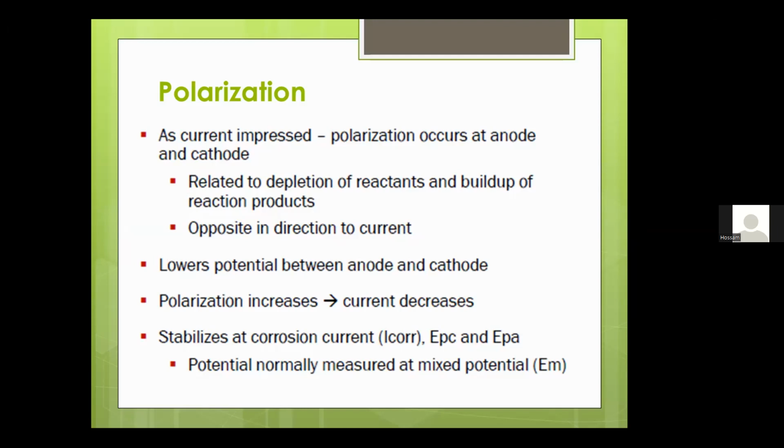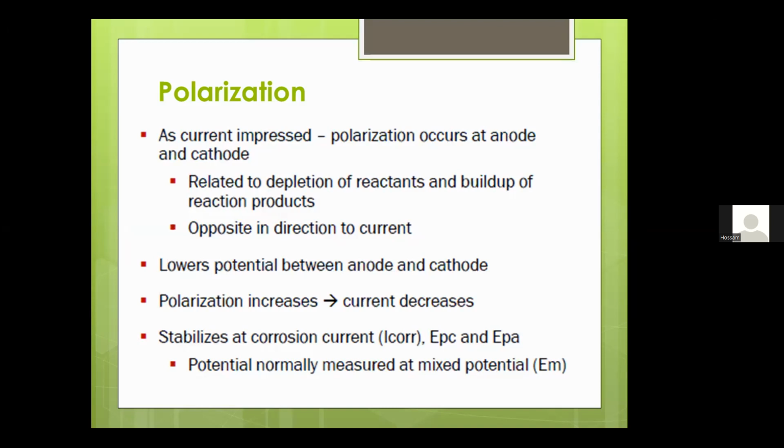Polarization lowers the potential between the anode and cathode, which is good for cathodic protection. As the polarization increases, the current decreases. Also, the polarization stabilizes at the corrosion current.